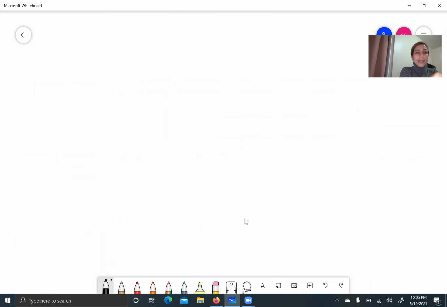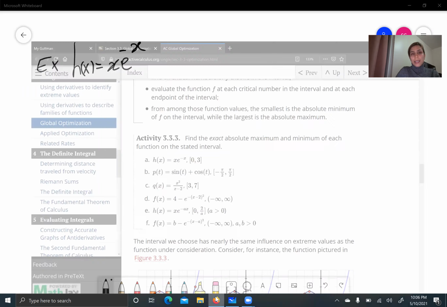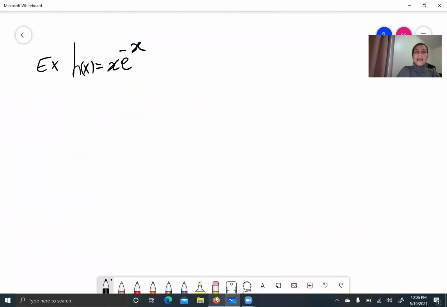In this activity, the function is x e to the negative x, and they named it h. Function h is defined as x times e to the negative x, and the question is to find the absolute maximum and absolute minimum of this function over this closed interval.